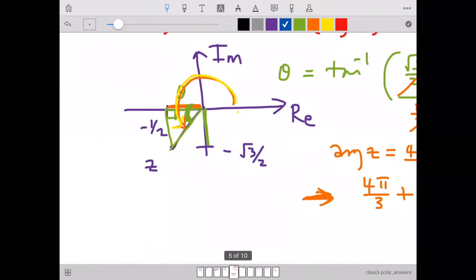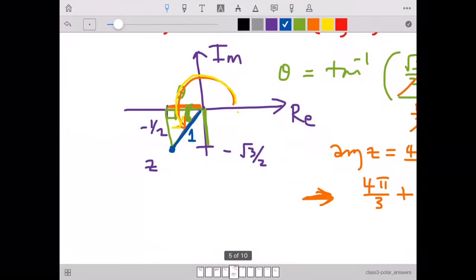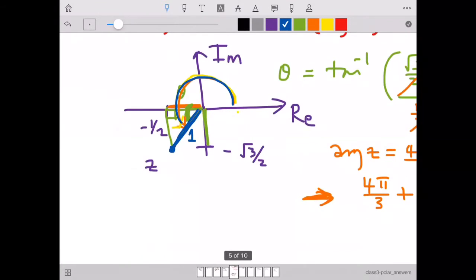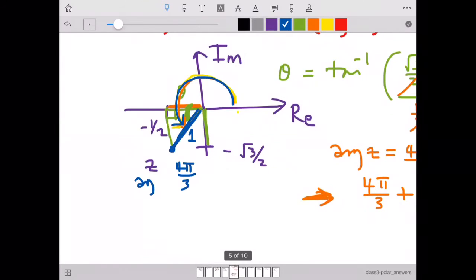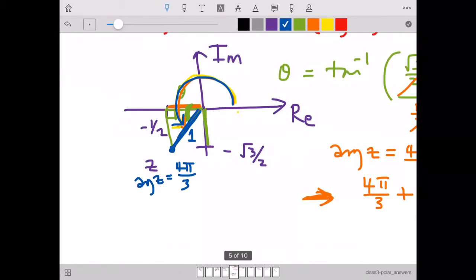Z is here. So it is clear that Z has length 1, and 4 pi over 3 is one arg of Z, right?